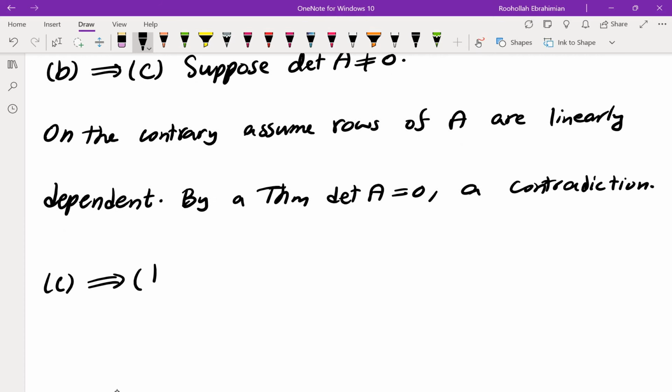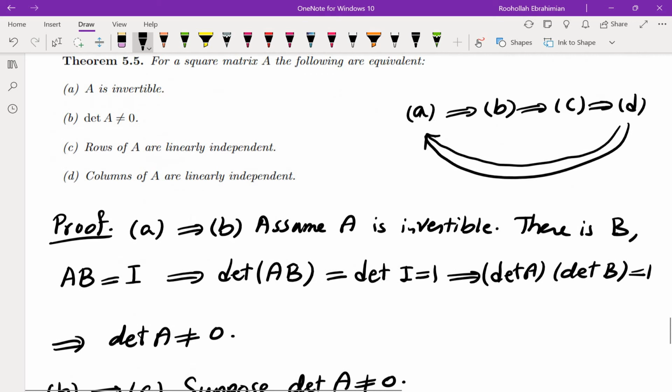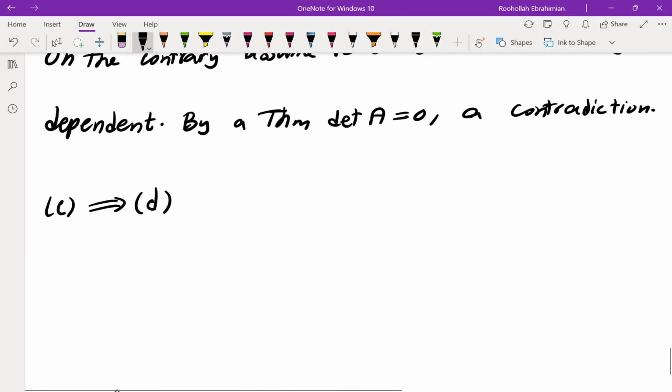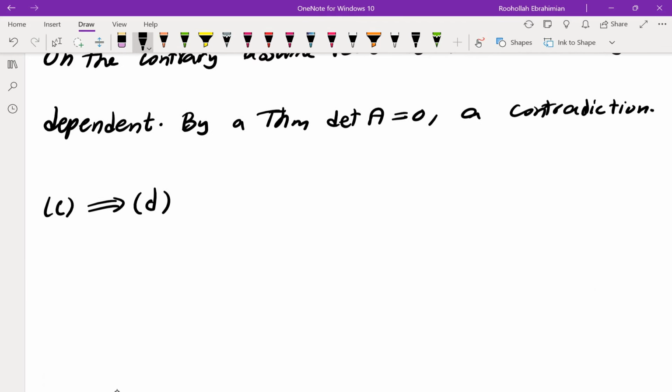Okay, C implies D. Rows are linearly independent and we want to show that the columns are also linearly independent. If the rows are linearly independent, what does that mean? It means there are n pivot entries. Suppose A is n by n.